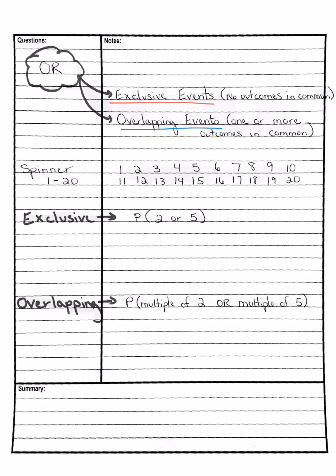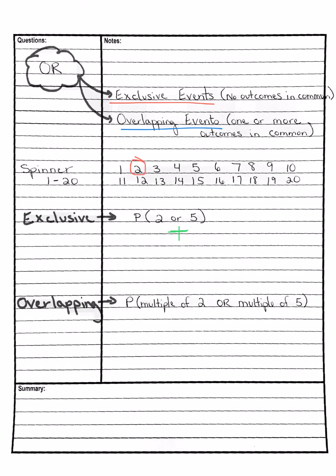Well, when we think of or, we're going to think of addition. And I will tell you this is an exclusive because there's no overlapping. You'll see what I mean here in a second.